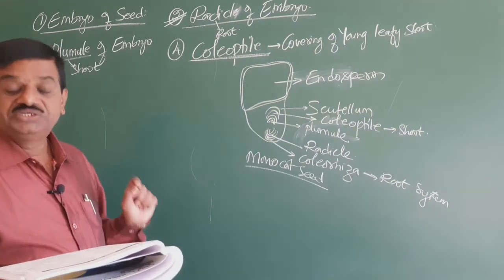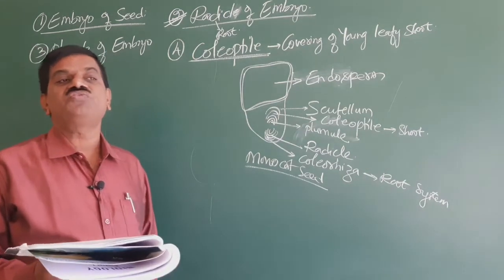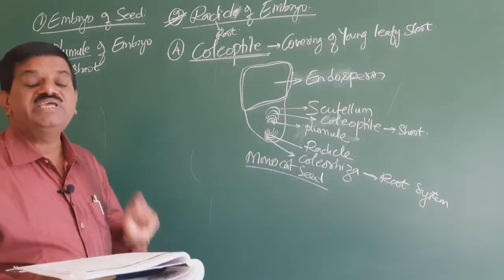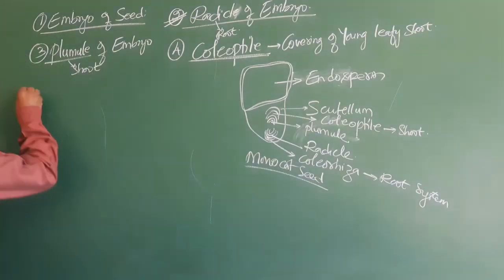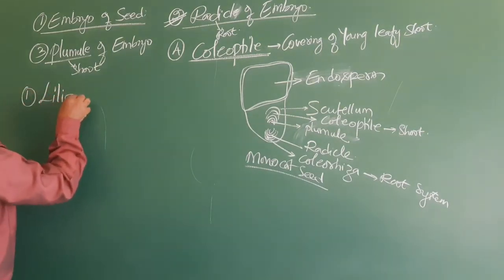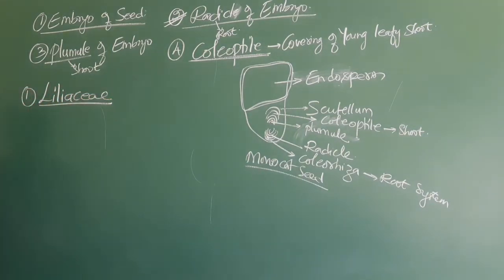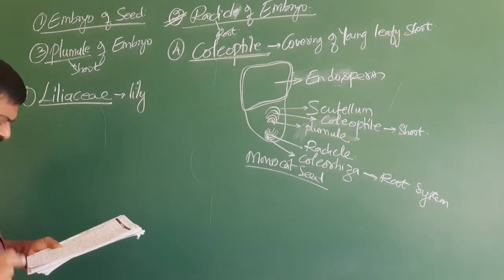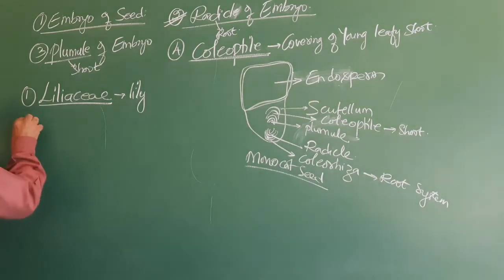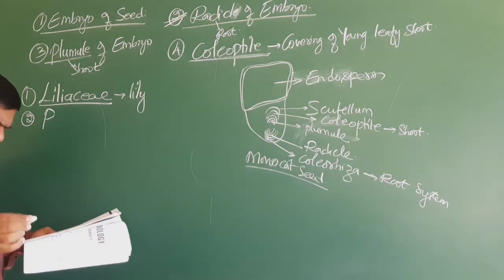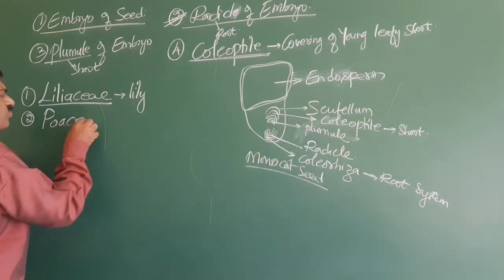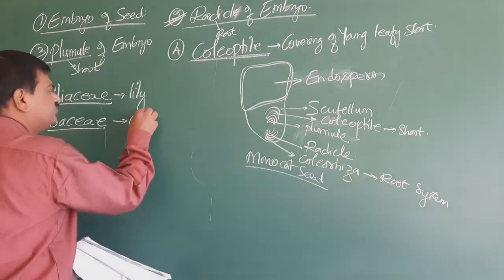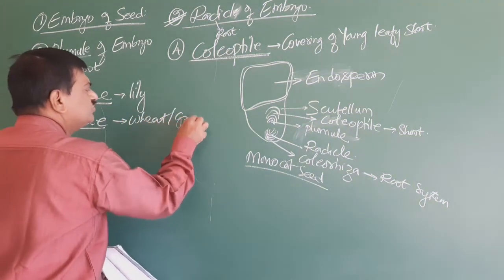Most diversified monocot family. The first option is Liliaceae, commonly called the lily family. Example, lily. The second one is Poaceae, the grass family, which includes wheat and grass.